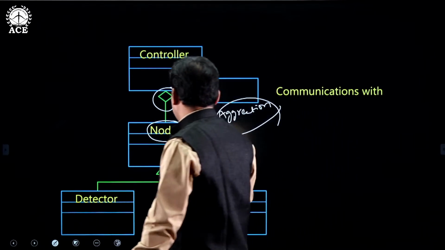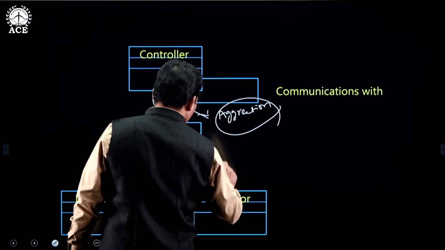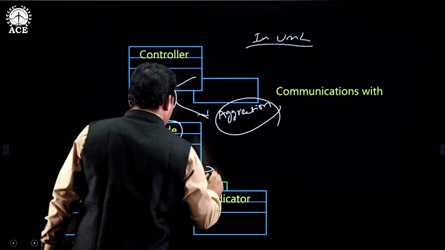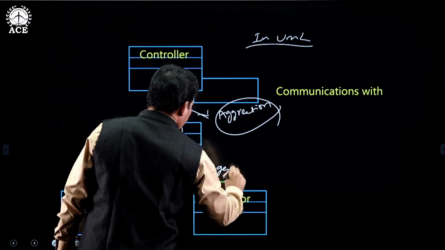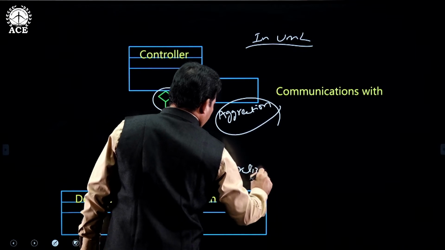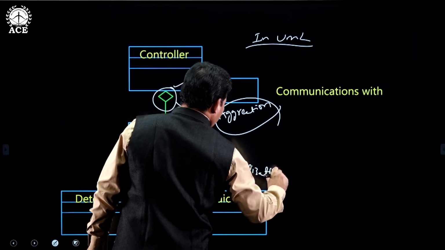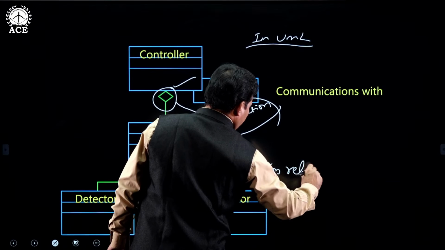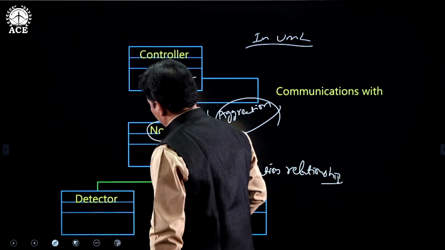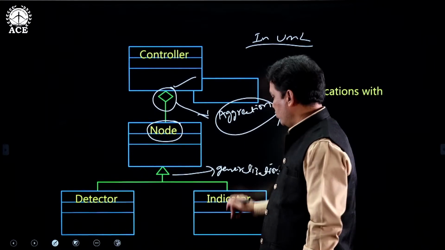And this relationship in UML, Unified Modeling Language, is called the generalization relationship. What is the purpose of the generalization relationship? If you want to model parent and child classes, then you have to use generalization.